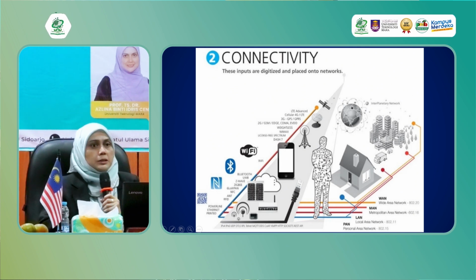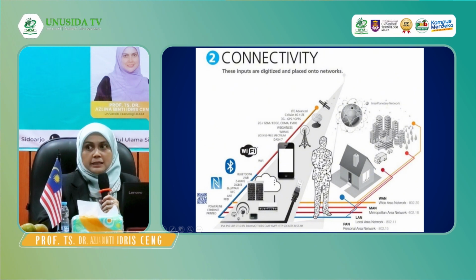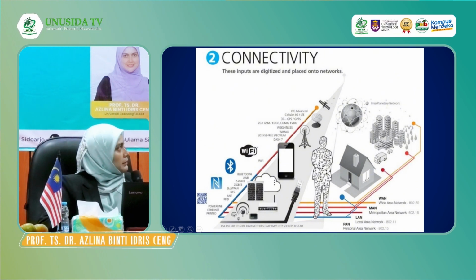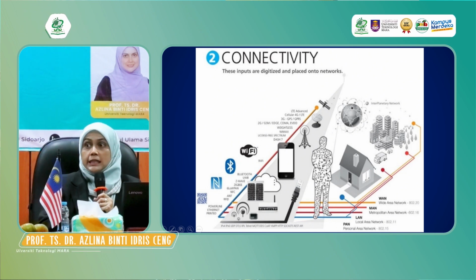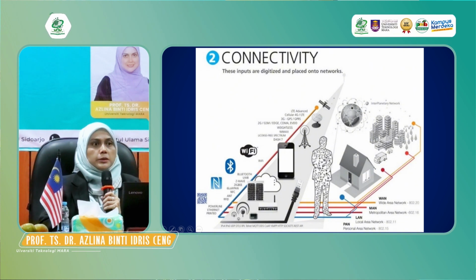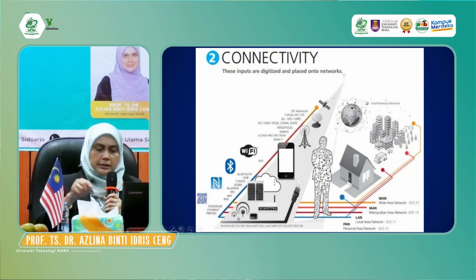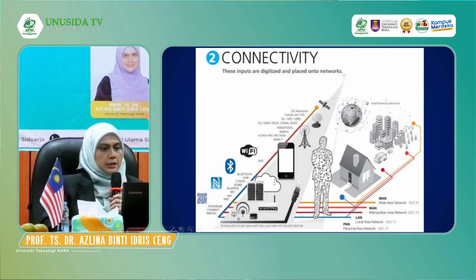LAN, local area network. Do you know how far the distance is? You know, right? 1 kilometer to 10 kilometer. And then MAN, metropolitan area network, normally from 5 kilometer to 50 kilometer. And for wide area network, the maximum is 100,000 kilometer, so between other countries. Okay.